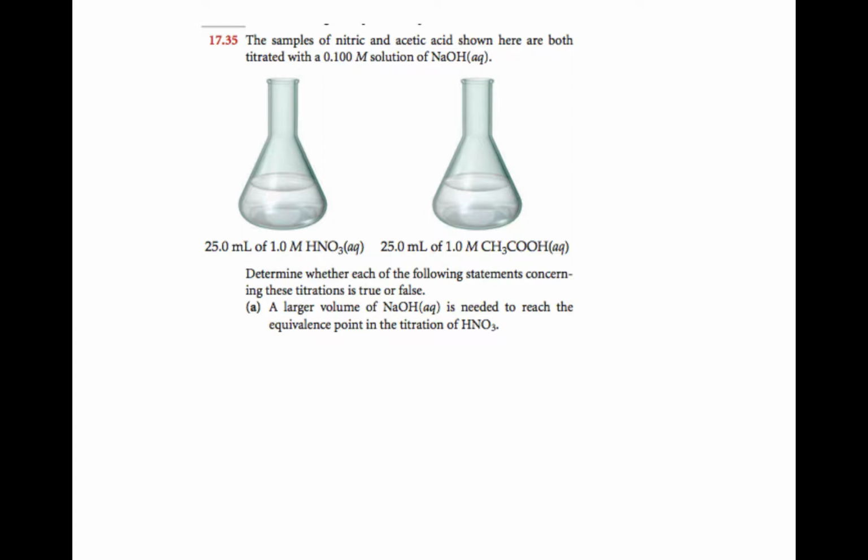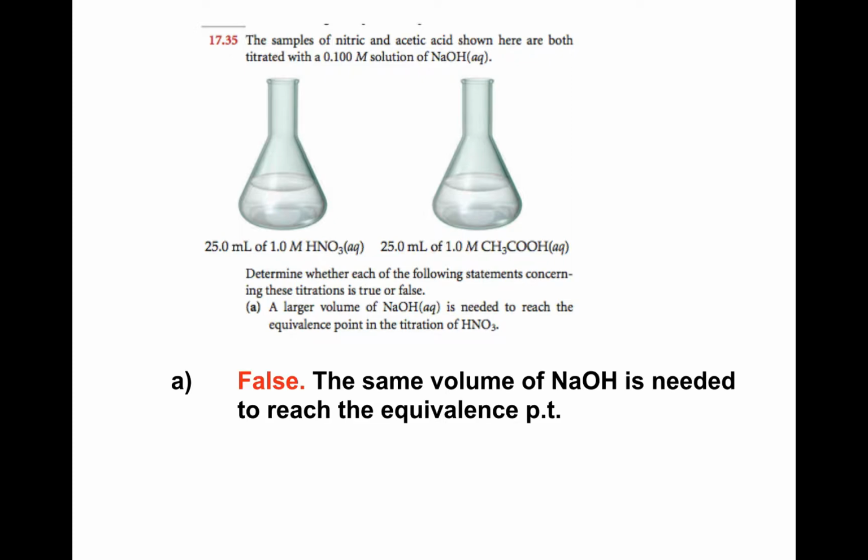A, a larger volume of sodium hydroxide is needed to reach the equivalence point in a titration of nitric acid. That's false. The equivalence point is when you add the same amount of strong base as acid. So that's going to be the same whether you're talking about a weak acid or strong acid. The pHs will just be different.